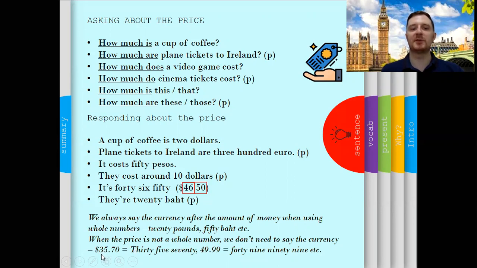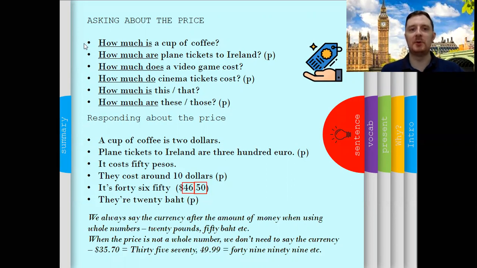For example, here we have 35.70, 49.99. So there you can see some examples of asking and responding or answering.